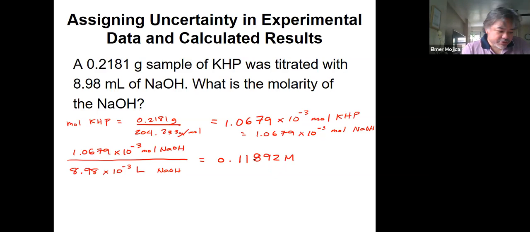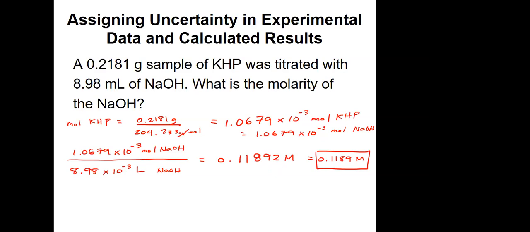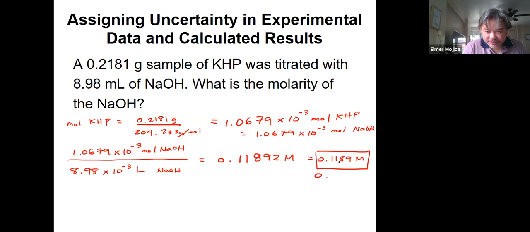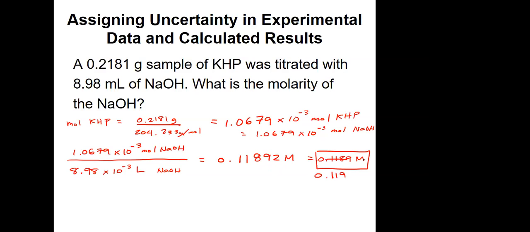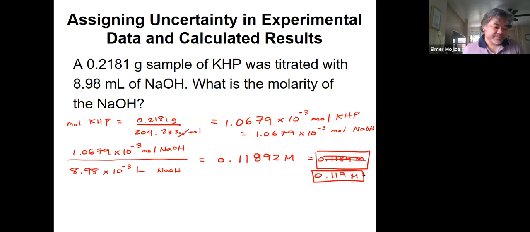Or if we're going to simplify this, we need to write it as what? We have to write it as 3 significant figures. That's 3. Yep, 0.119.